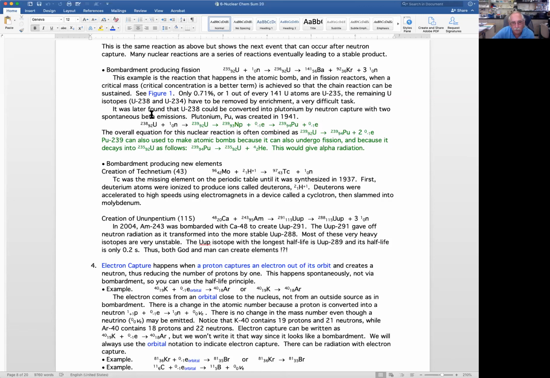So if you look at the overall reaction here, you have uranium-238. Oh, I see I have a typo there. I'll fix that as we speak because I can do that here. Uranium-238 turned into plutonium-239 and gave off two positrons. Excuse me.